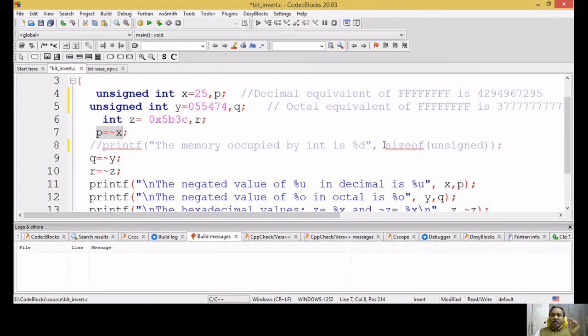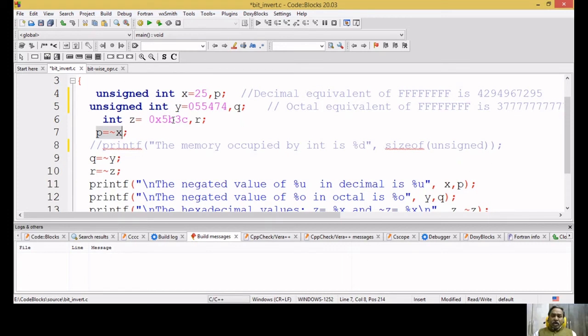We learned in the data types that the memory allocated is 2 bytes or 4 bytes. In my computer, it is 4 bytes. So my 25 is converted into its equivalent storage in 4 bytes of memory, and then it is complemented. How it is done, we'll see in the slide.